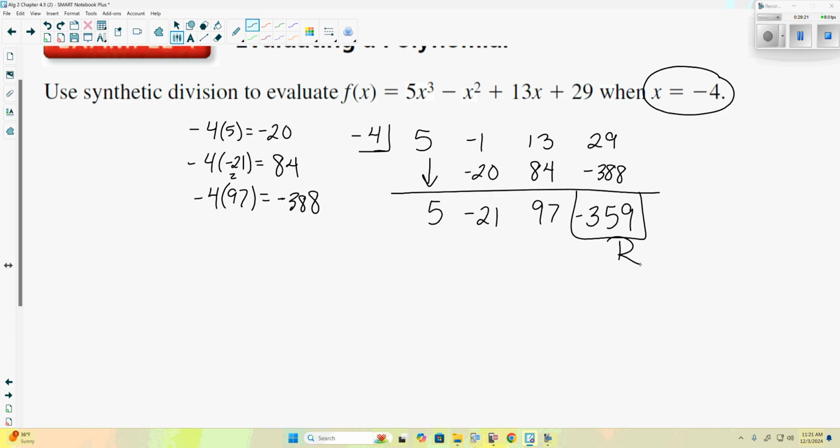Now, what it wanted us to do is evaluate this when x is negative 4. So what that also means, in the way we've done this, especially in the first section, is that we plugged negative 4 in for x in every place where there's an x.